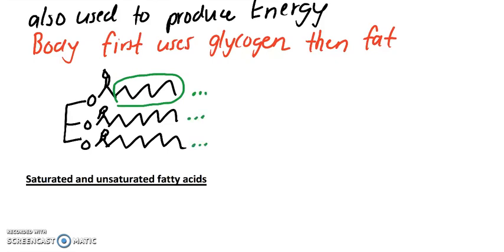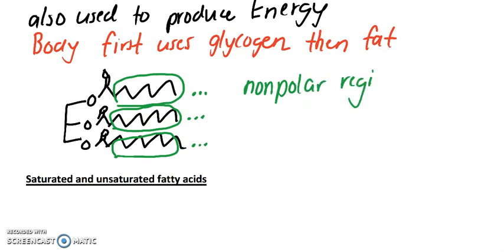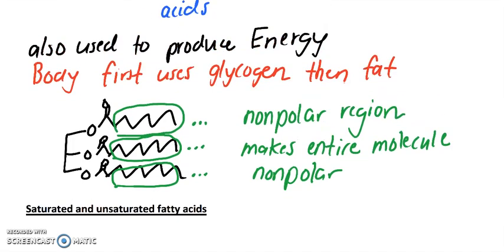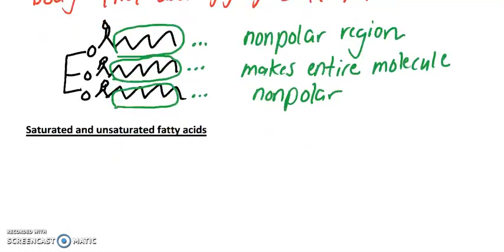This is all hydrocarbons. So again, these are nonpolar regions. And since they're so large compared to those oxygens, we consider the entire molecule to be nonpolar. So it makes the entire molecule nonpolar. And then you can see above why it won't mix with water. Okay, so we took care of triglycerides.